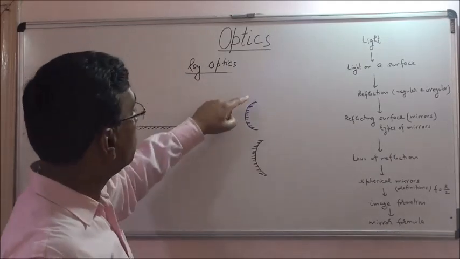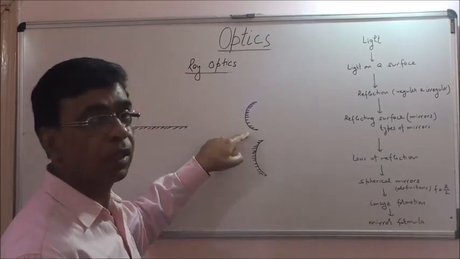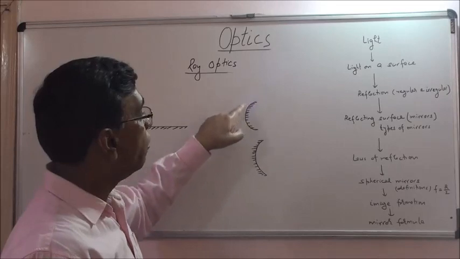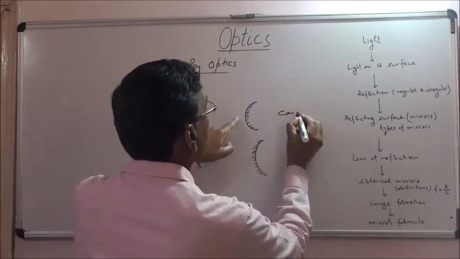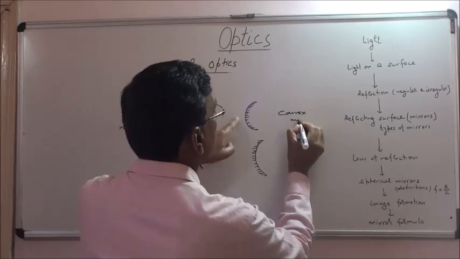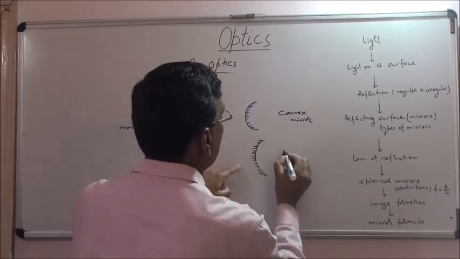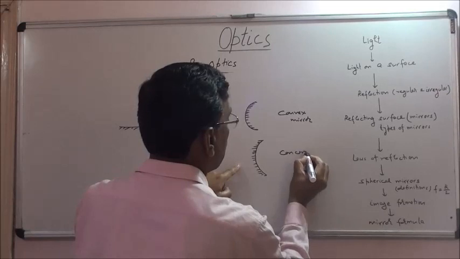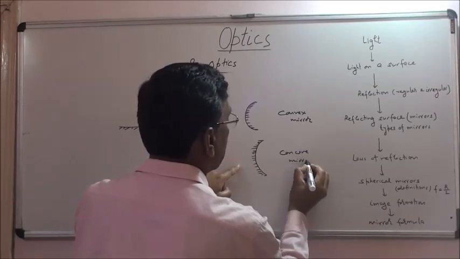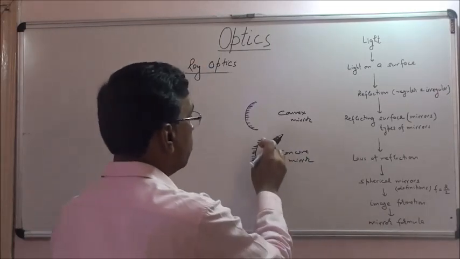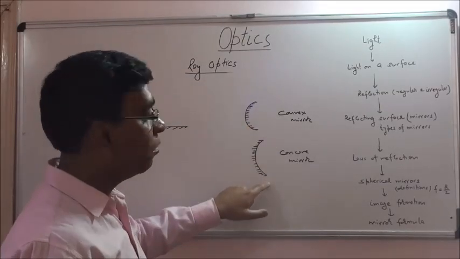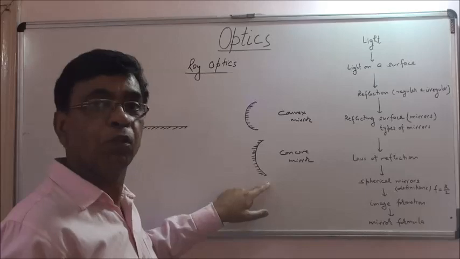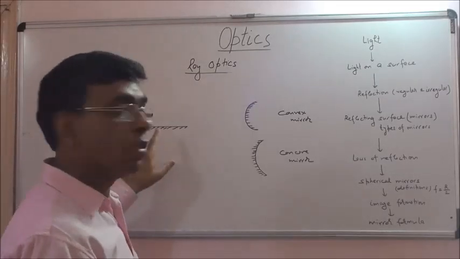So if we are using this bulging side to reflect light, this is convex. And this one is a concave mirror. We are using this side to reflect light. Convex mirror, concave mirror, both of them are spherical mirrors because they are part of the sphere. And this is a plane mirror.